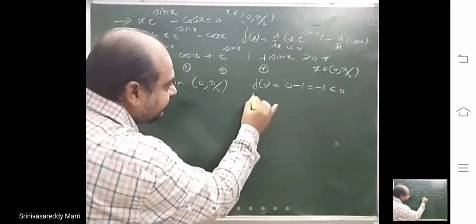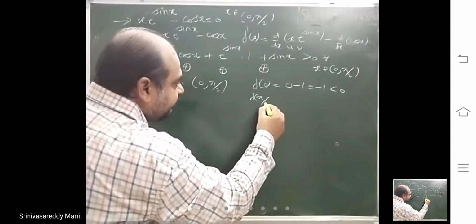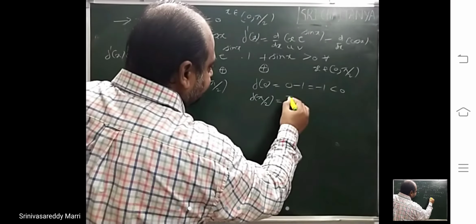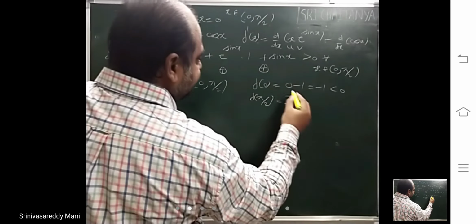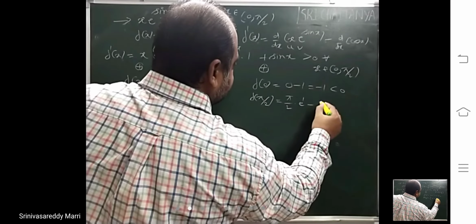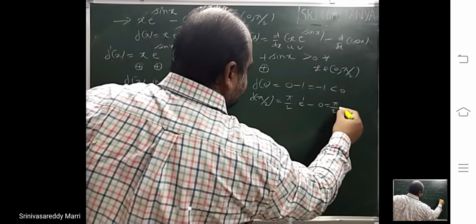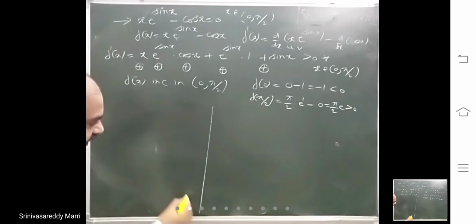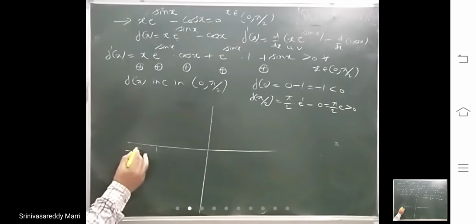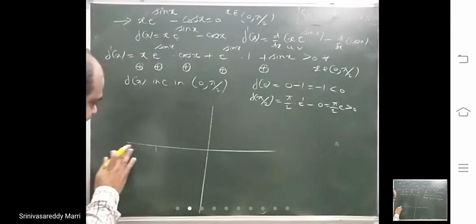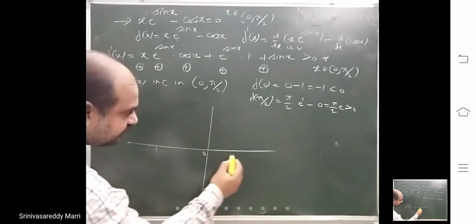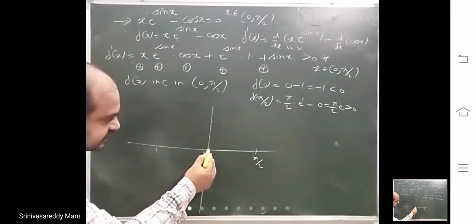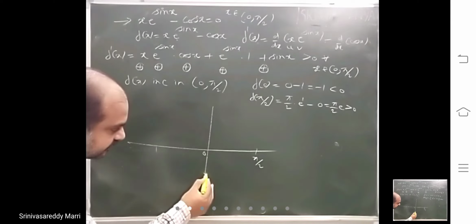F of pi by 2 I am calculating: pi by 2 into e power 1 minus 0, pi by 2 e, that is positive. If you are constructing the graph only from 0 to pi by 2, f of 0 is negative, somewhere here.